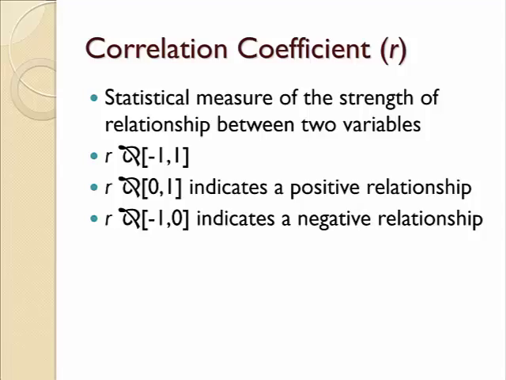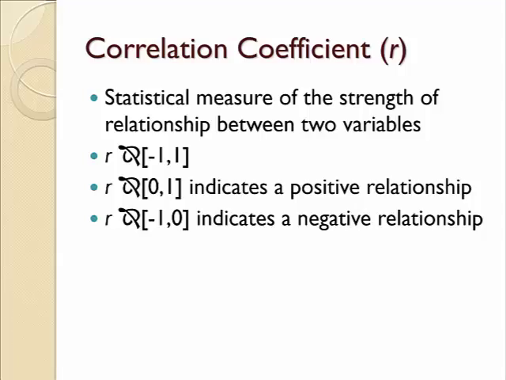That can take any value between 0 and 1. The closer the correlation is to 1, the stronger the relationship is, while the closer it is to 0, the weaker the relationship. So the magnitude of the correlation coefficient represents the strength of the relationship. And the sign of the correlation tells us whether they are directly, positively related or inversely related.